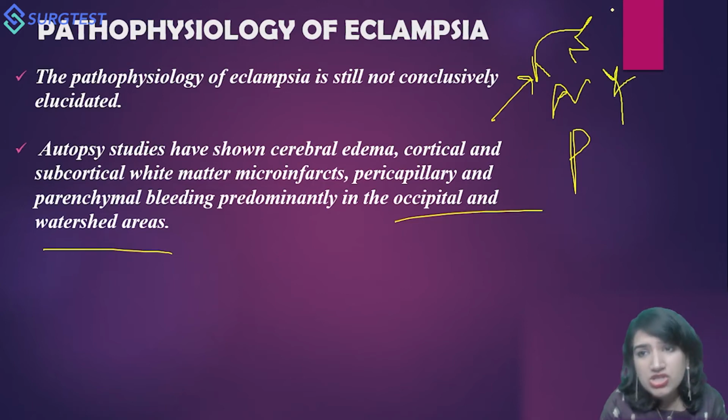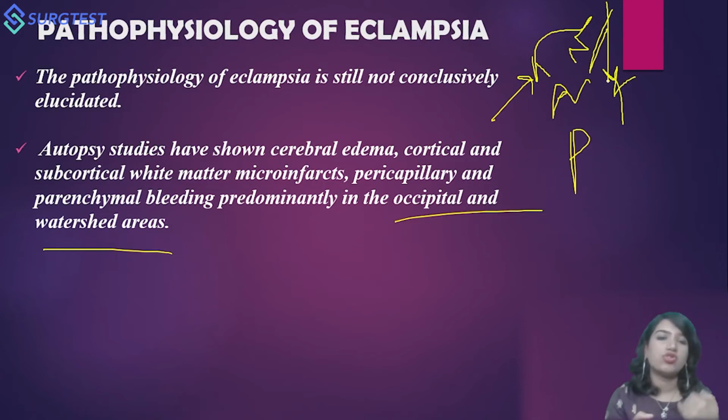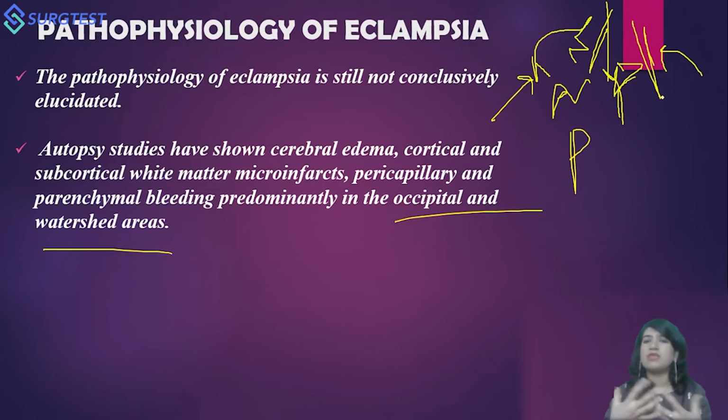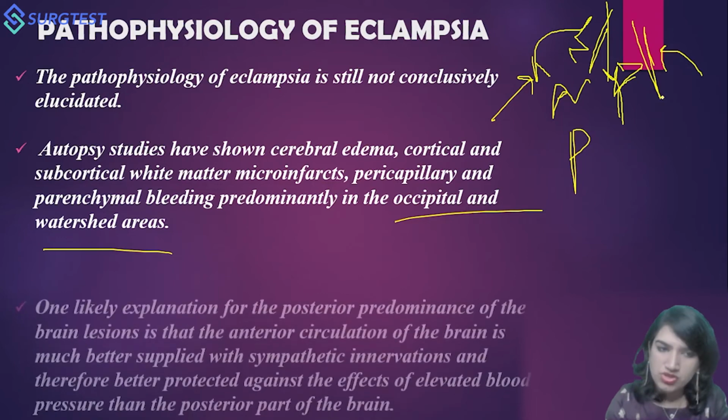At the junction of these two, when the anterior cerebral circulation ends and the middle cerebral circulation begins, or even when the middle cerebral circulation ends and the posterior cerebral circulation begins, these are the watershed areas, which are basically not being supplied by any of the major arteries, and they are at risk of being insulted. They might suffer a vascular insult during an eclamptic seizure, right? That is why watershed areas are the most prone to damage in eclampsia.